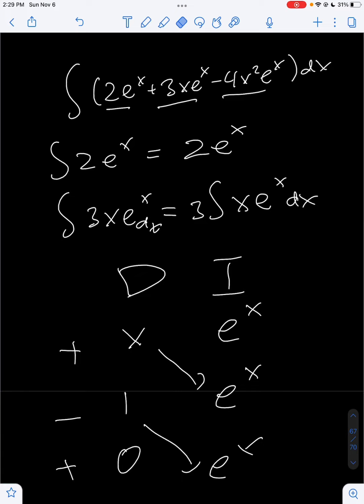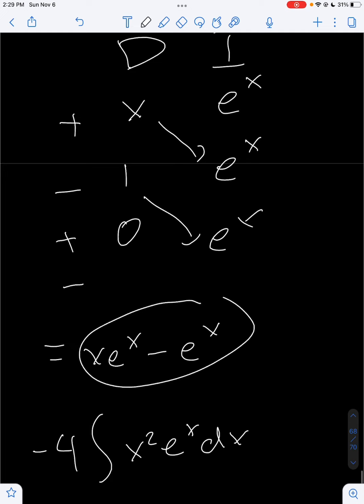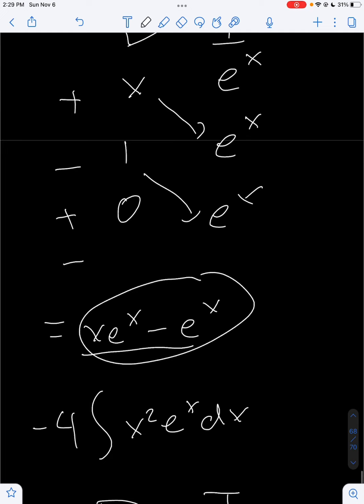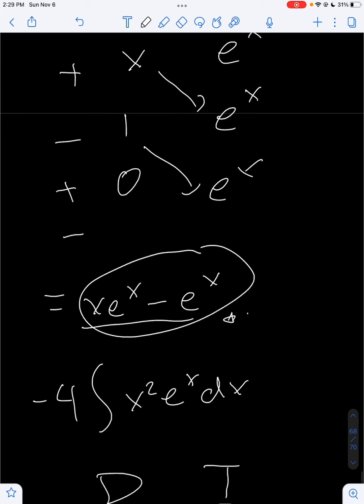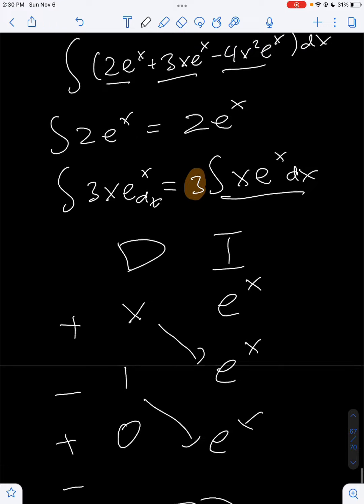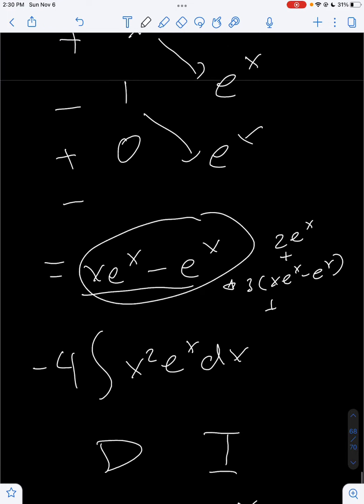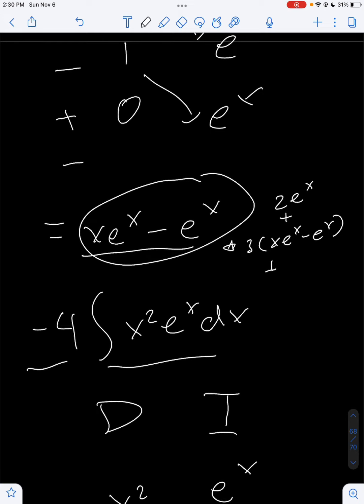So now we have to combine all of our integrals together. Remember that here we had a 3 multiplied by all of this, and we found out that it was this. So the integral should be 3 times that. So it's going to be 3 times x e to the x minus e to the x. And then the previous one, which is 2e to the x. And our last one was negative 4 times the whole thing.